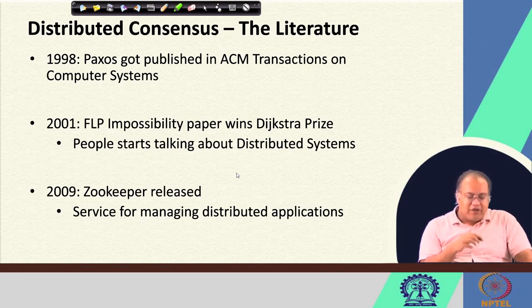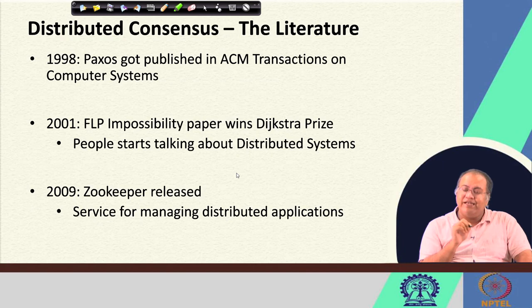Around 2001, the FLP impossibility paper won the Dijkstra prize, and around that time people started talking about distributed systems. Once people were convinced about the correctness of Paxos, they started thinking that a distributed system can really provide benefit and that it is possible to have one.